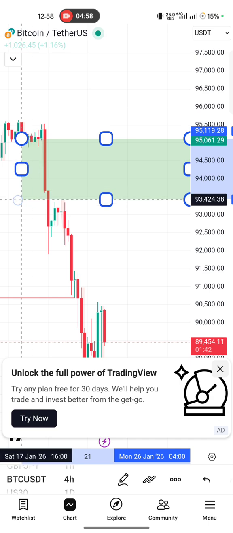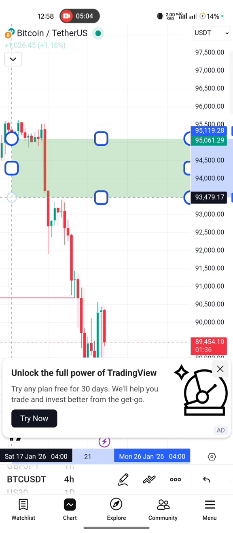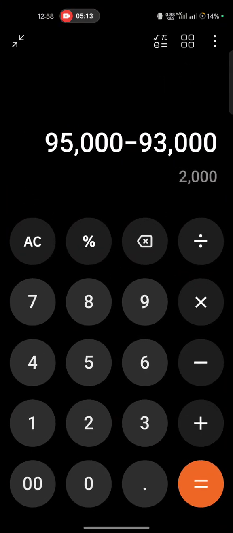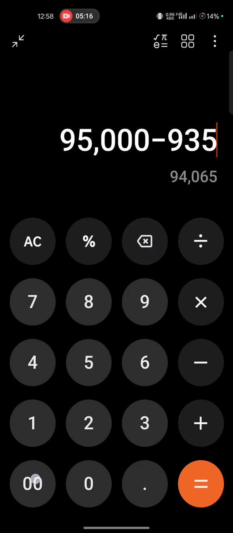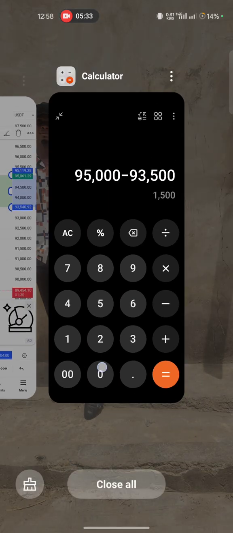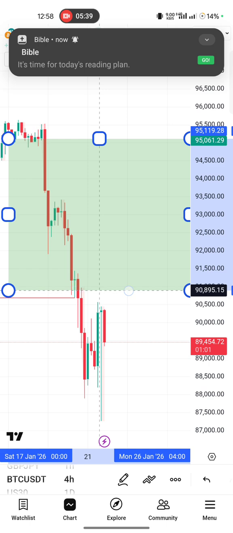Then 95,000 minus 93,500. So the market dropped 1,500, which means the market dropped 150 pips. So that is for a sell.